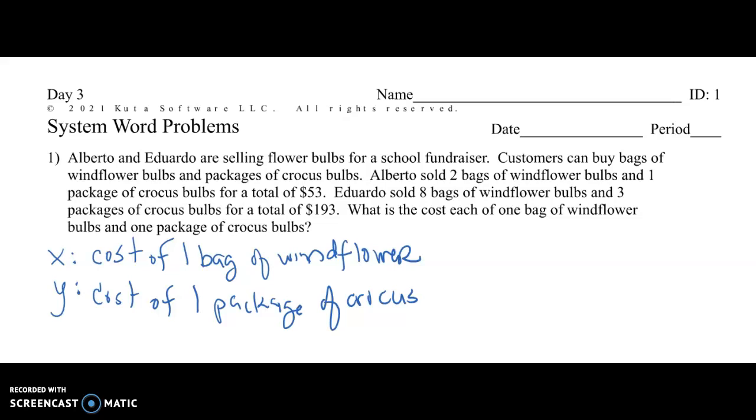All right, so now we're looking to write two equations that involve our two variables. So we're going to go back to the word problem and look for sentences that are going to help us write our equations. Here we have one sentence with Alberto selling 2 bags of the windflower and 1 package of crocus for $53. Since the cost of the windflower is x, and we bought 2 bags, that's 2x.